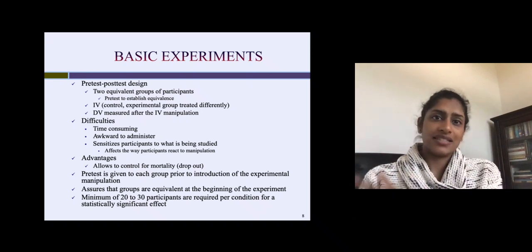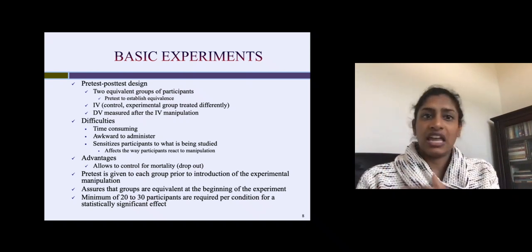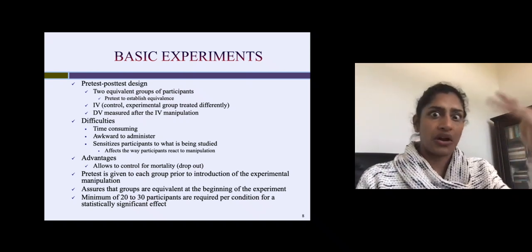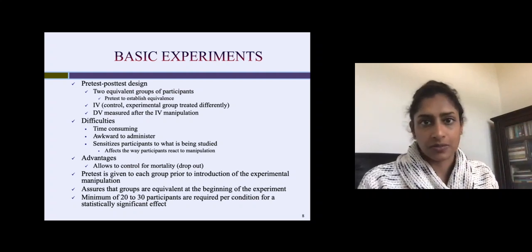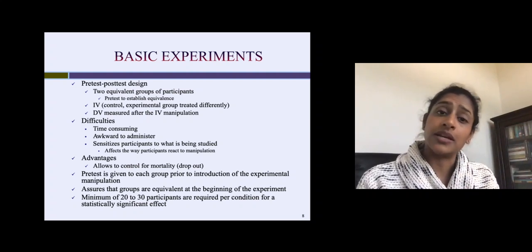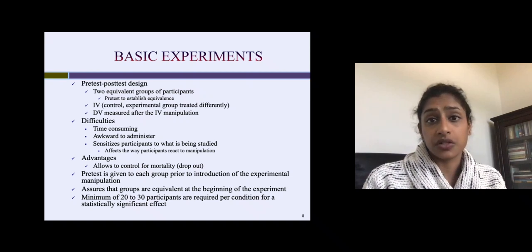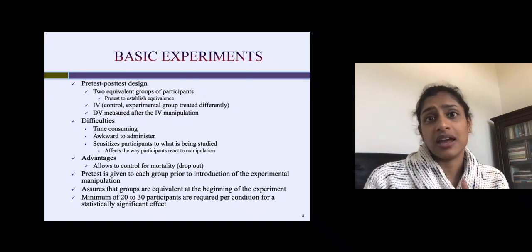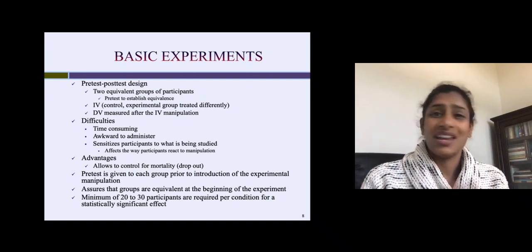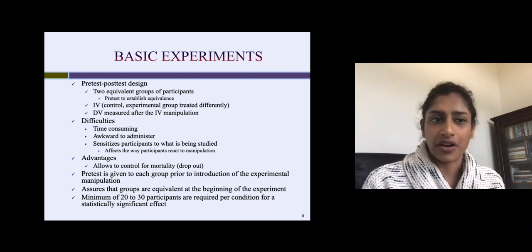So now I can see if one group might have scored higher before the experiment started or not, right? So I can make sure that the shifts we're seeing are a direct result of the independent variable, not some other confounding variable.